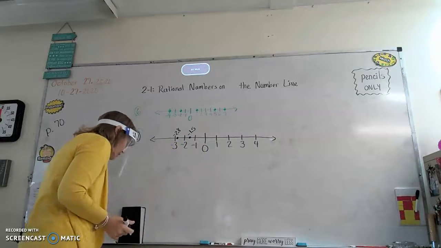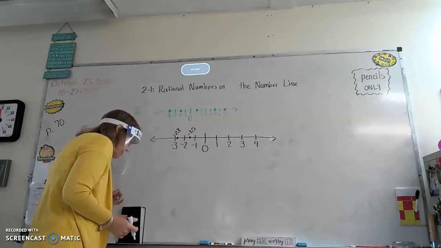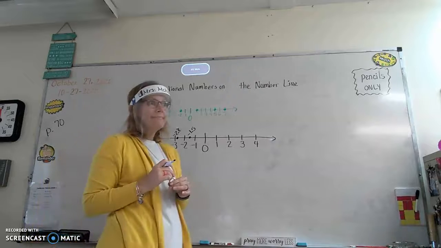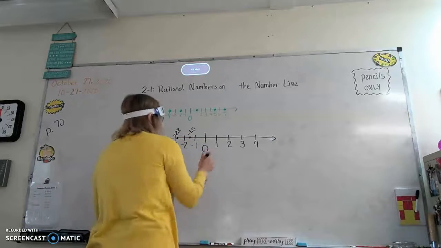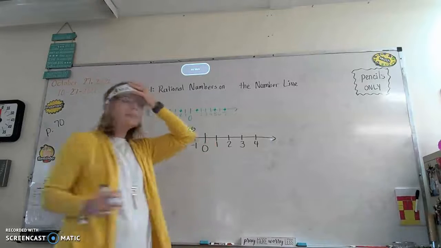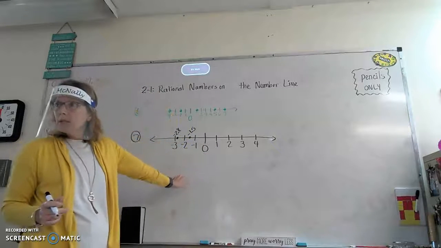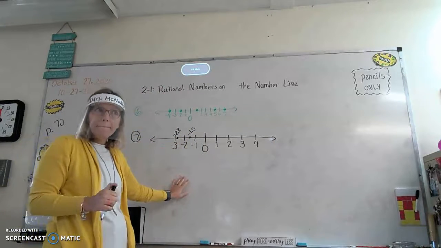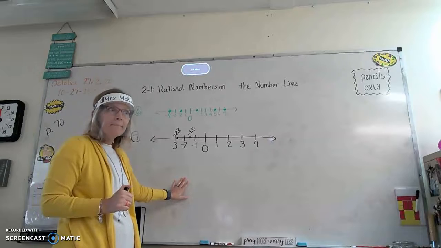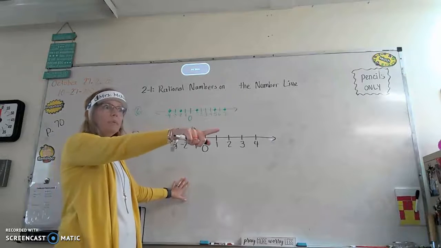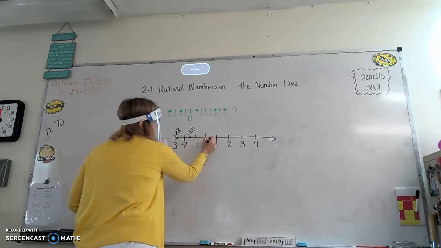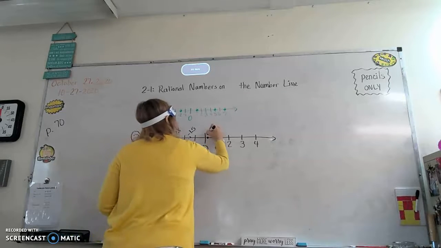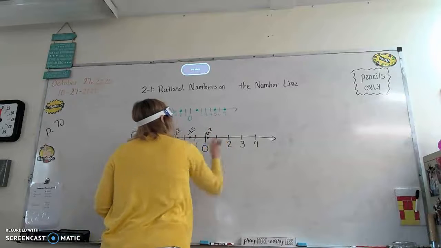What's my next one? 0.2. Oh, good. I thought it was just 0. Okay, where is 0.2 on my number line? There is none, but it would be close to the 0. So I'm going to just go a little bit above 0. And I'm going to label it 0.2.